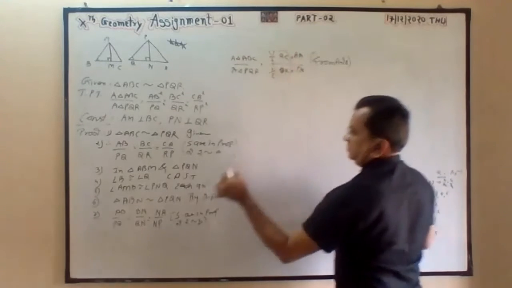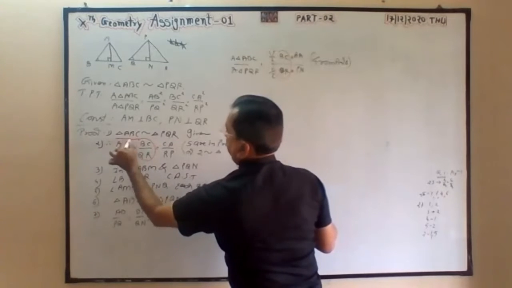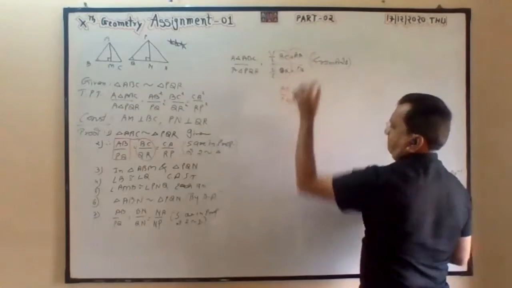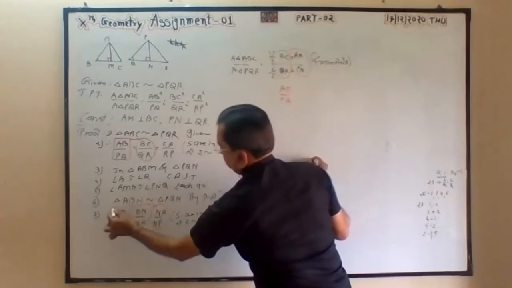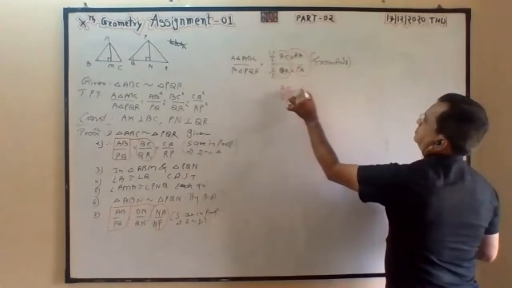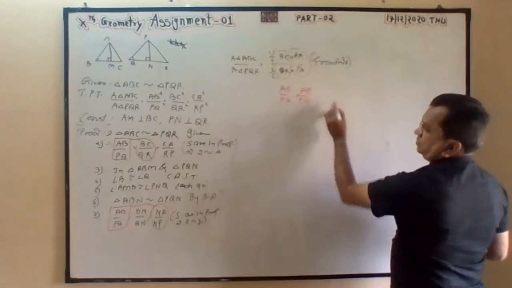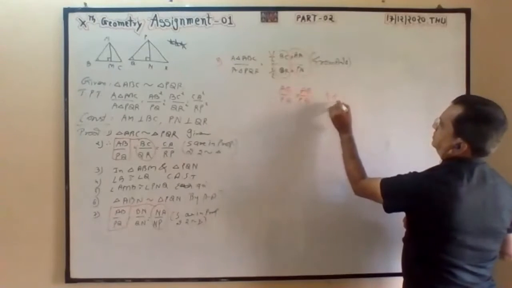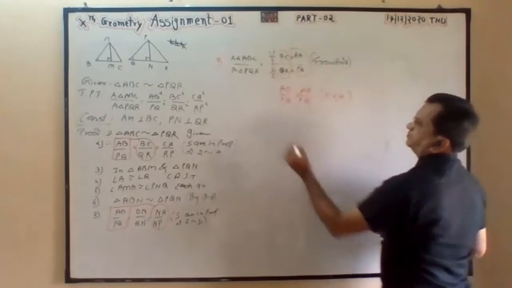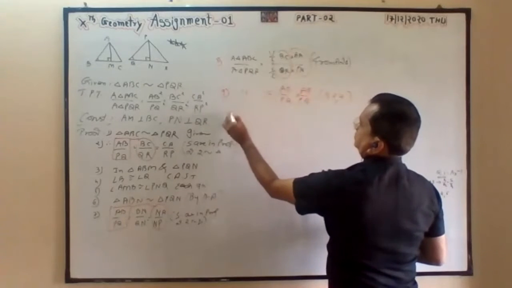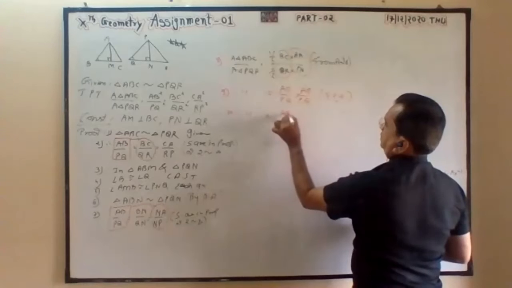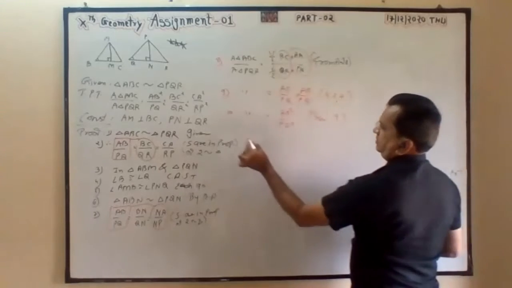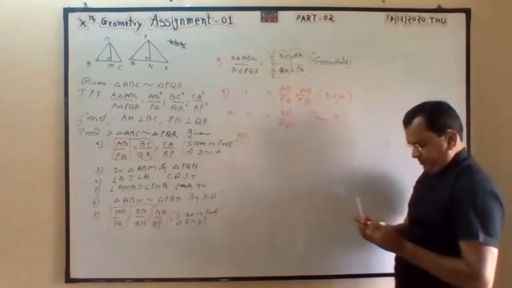Now BC over QR is exactly equal to AB over PQ, and AM over PN is also equal to AB over PQ. So this is 8. From 8, substitution of second and 7: AB square over PQ square, from 9 and 11 steps.